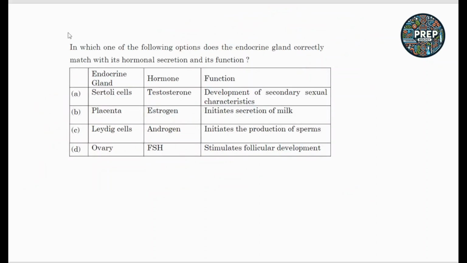Next question is, in which of the following options does the endocrine gland correctly match with its hormonal secretion and its function? You have to find out the correct match from these four options. First is the Sertoli cell, hormone testosterone, function is this. But we know that testosterone is secreted by the Leydig cell.